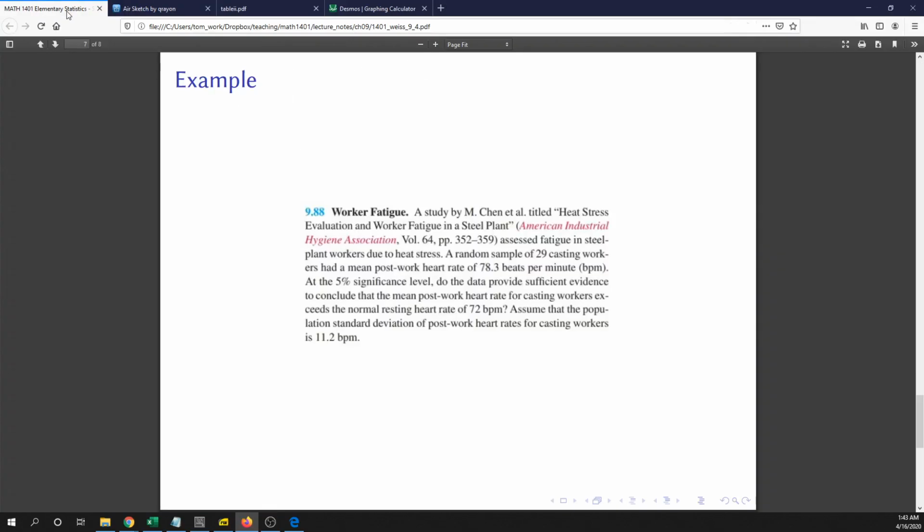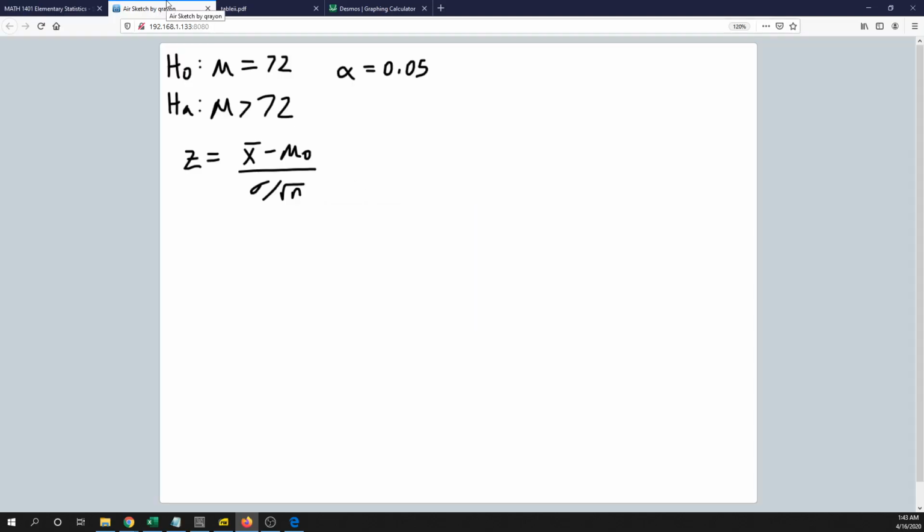If I go back and look at the statement of the problem, it says a random sample of 29 casting workers had a mean post-work heart rate of 78.3 beats per minute. So that means that x bar, the sample mean, was 78.3. Then mu naught is this number here, so that's minus 72.